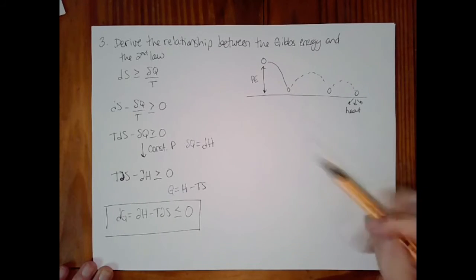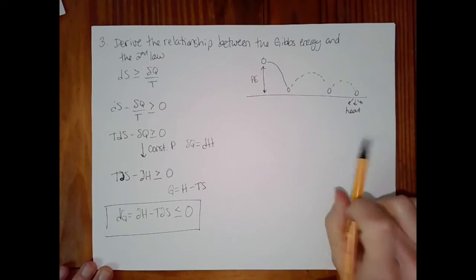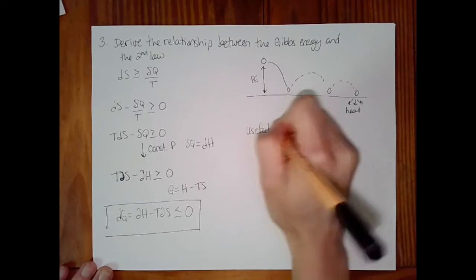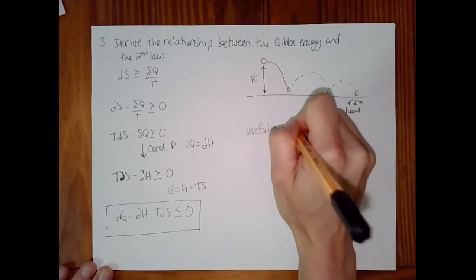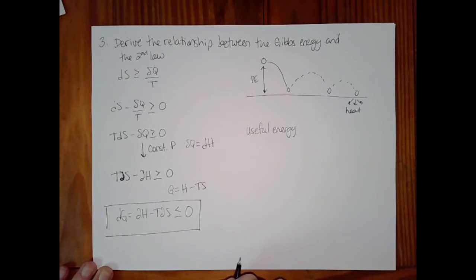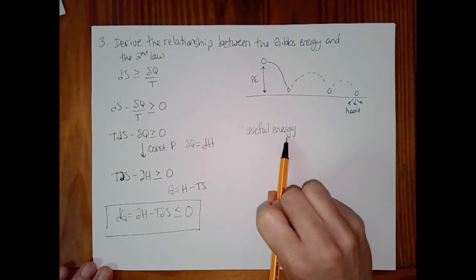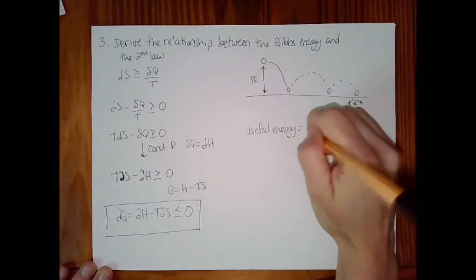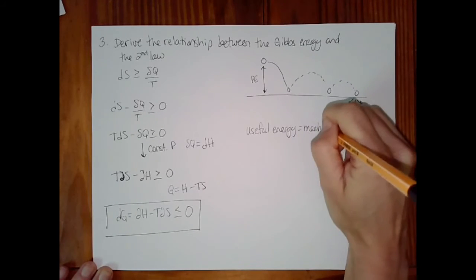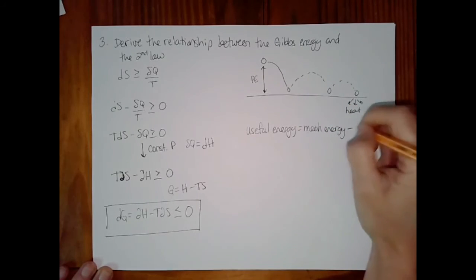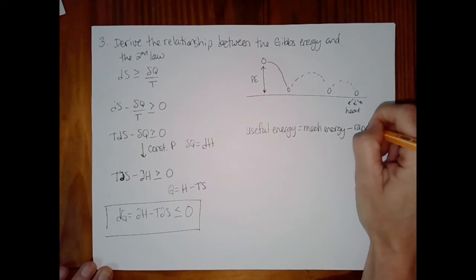So we developed a story where we began to think about how there are types of energy in a system that are more useful than other types. And so maybe the energy that we can use as work is equal to the mechanical energy in a system, less the amount of energy that is stored in a kind of randomized fashion.